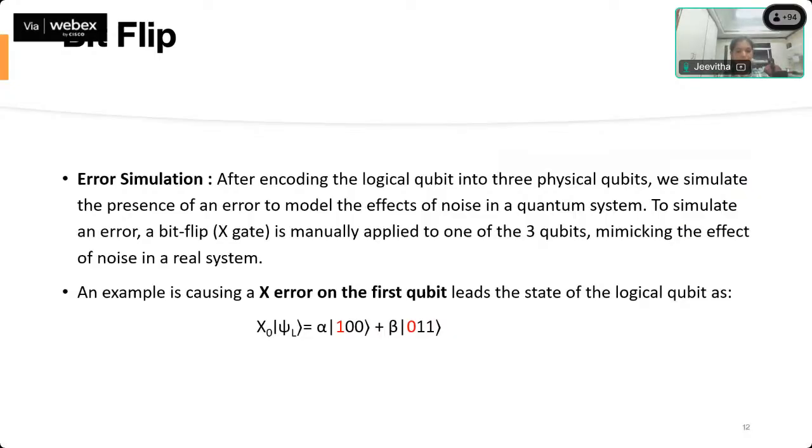If I take an example, if an X error occurs on my first qubit, whatever the equation I've shown before, that will be the result. Here 0 has flipped to 1 and 1 has flipped to 0. This will be my state.